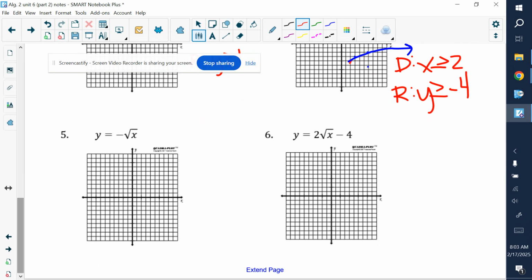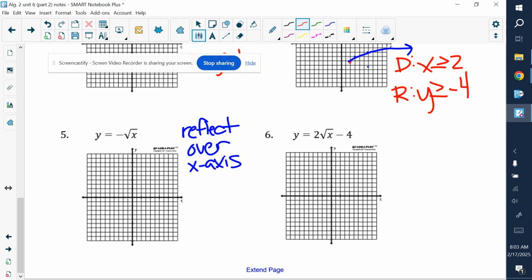Okay. Number 5. If you did those last two already, you can just fast forward a little bit and check your answers here. If you haven't and you need some direct instruction, then follow along. Number 5 is just a reflection over your x-axis.